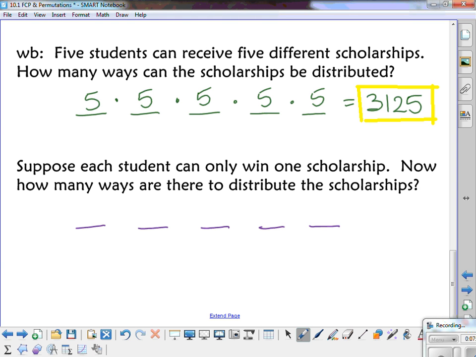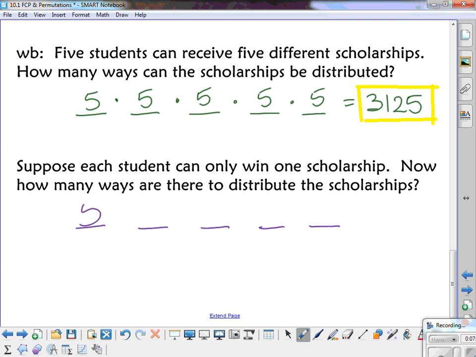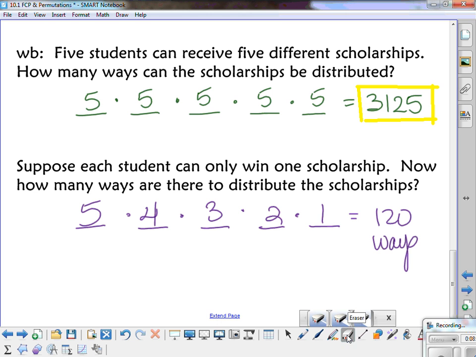All right, so the first guy has 5, and then once I've used 1 up, there's only 4 left, and then only 3 left, then only 2 left, and then only 1 left. So when you multiply those together, I think you guys all said it, what is it? 120 ways, okay?